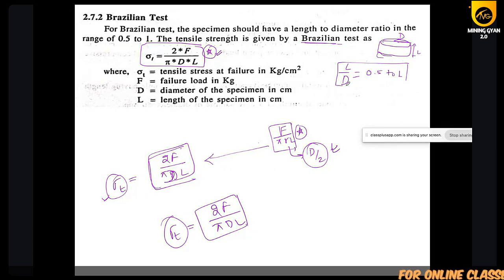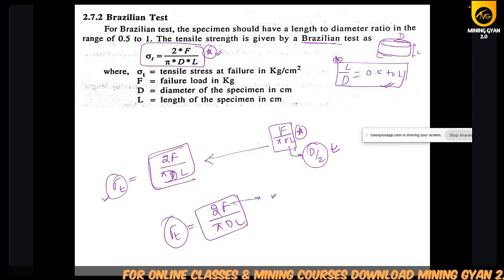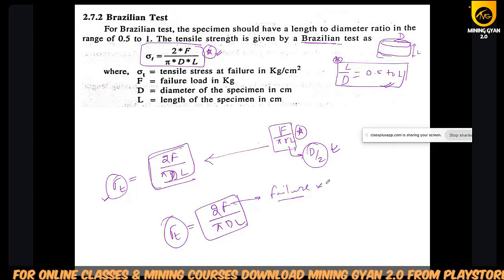That means less than 1 or more than 0.5. You should also remember this fact. Here F is the failure load. You will better understand when we solve our questions.